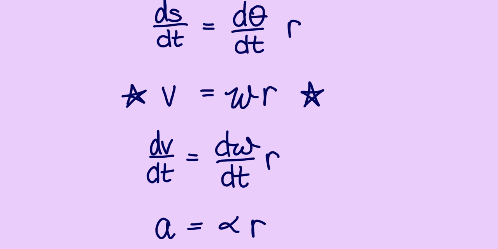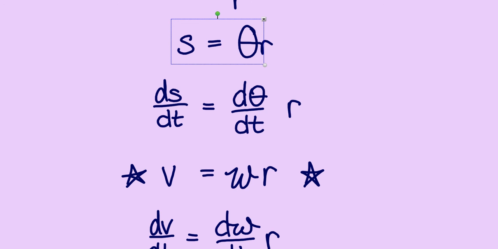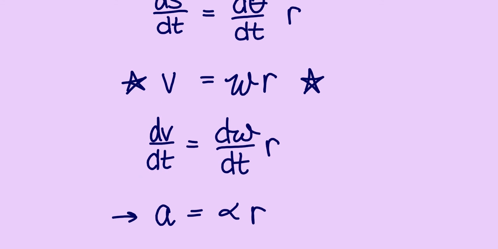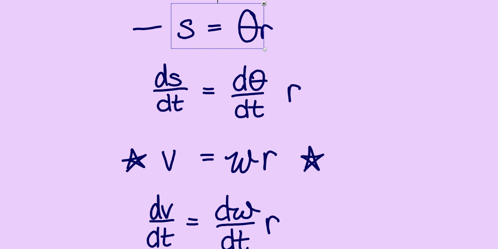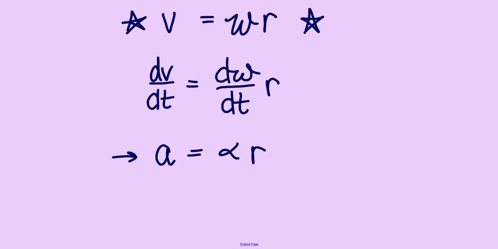So that means that you need to be able to justify the other equations, namely this acceleration equation, before you use it. For this equation, the position being the angular position times the radius, that's a definition, and therefore you are welcome to use that equation without having to justify it. In class, we'll do plenty of example problems using these concepts to make sure that you're comfortable with angular kinematics before we move on.